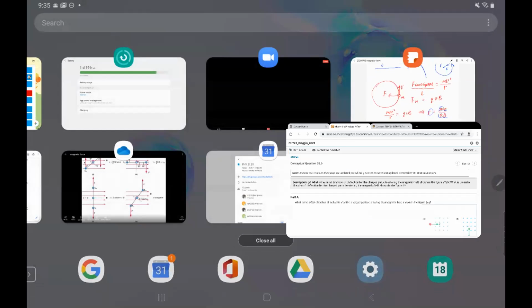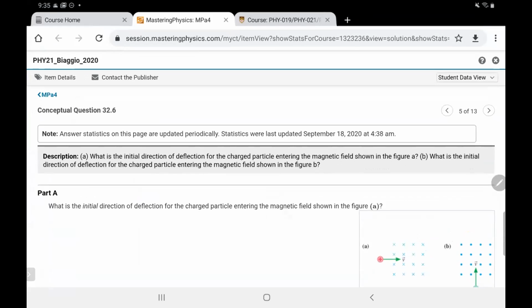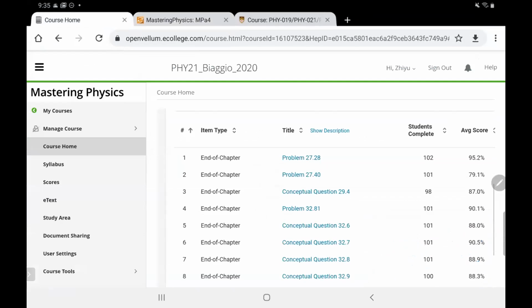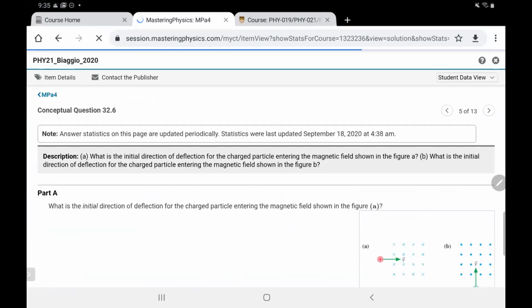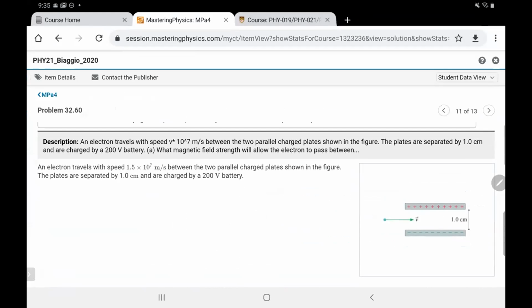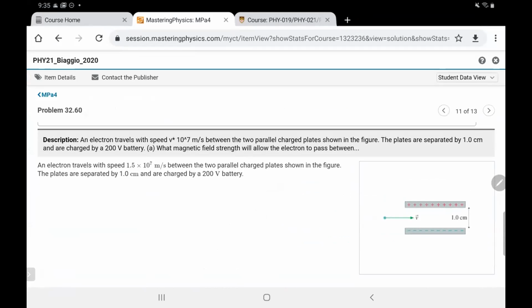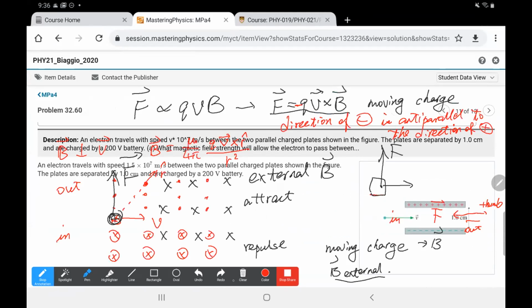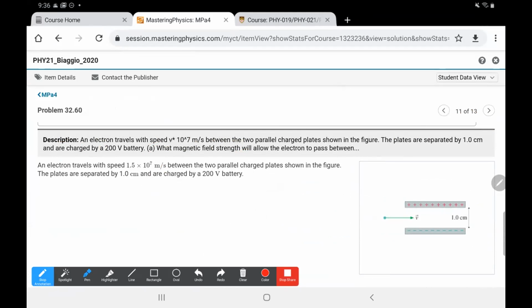The next question on the course site, on Mastering Physics, will be number 11. If in the space we have both a magnetic field and an electric field, how does the motion of the charge look like? So here, this charge has a moving speed of 10 to the positive 7 meters per second.